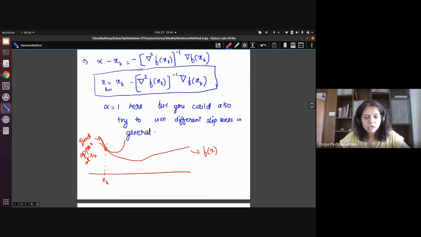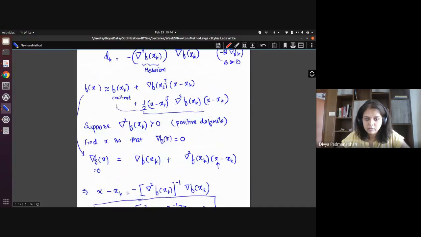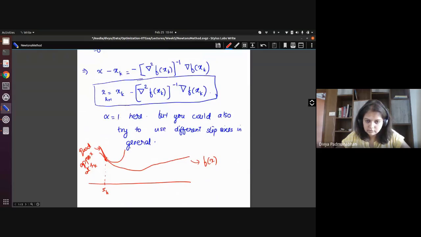So this function is exactly this right hand side. What you're trying to do is go to the minimum of this. Somewhere here you reach, so that is your estimate of the minimum when you are at xk. This is going to be your next point, xk plus 1.